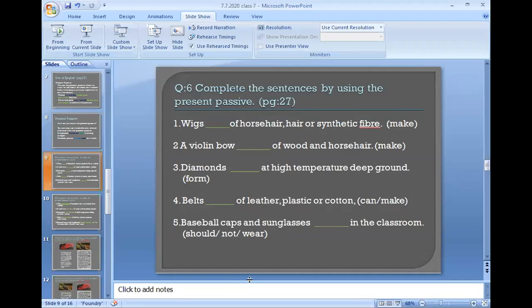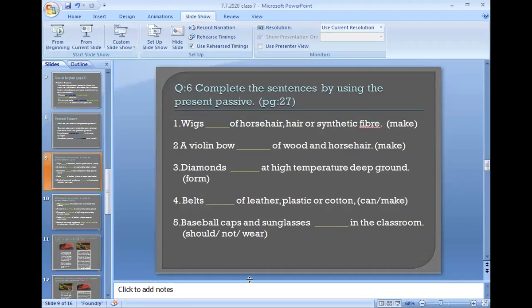Complete these sentences by using the present passive. Number 1 is wigs of horsehair, hair or synthetic fiber. Now the option is given there, make.